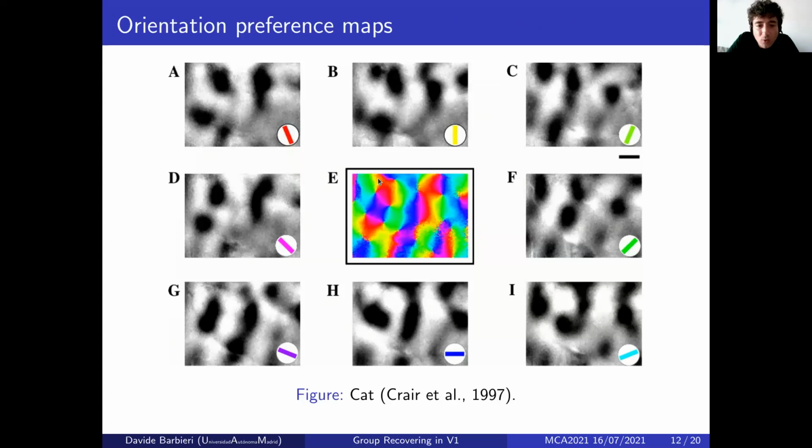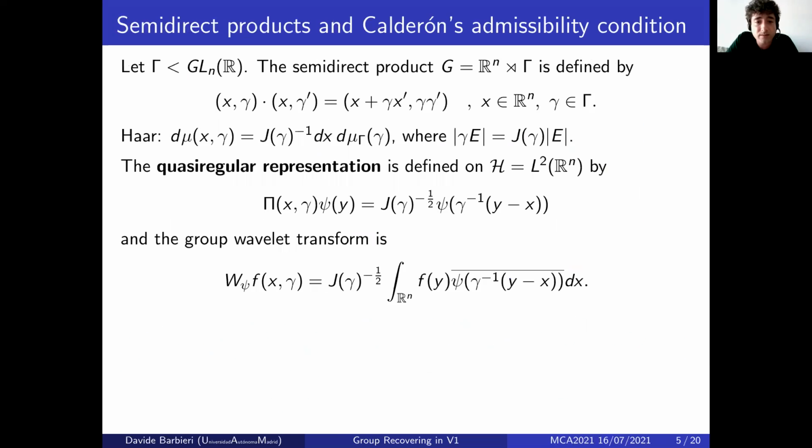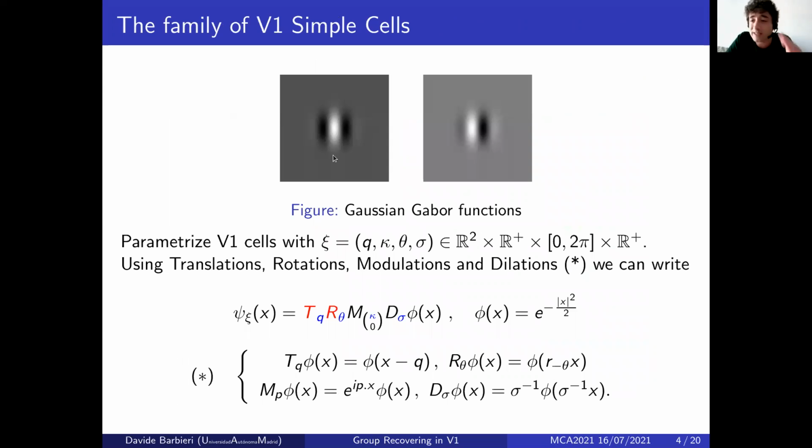So what is this color diagram? It can be interpreted as a two-dimensional portion of the brain's visual cortex, where each color represents the direction of the wavelet associated to the cell on that point.